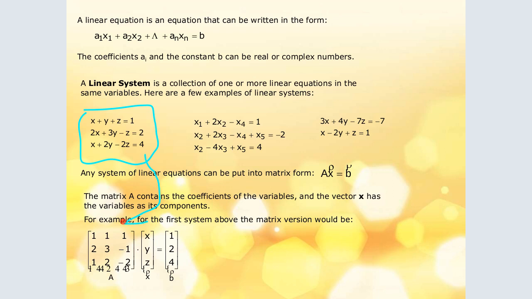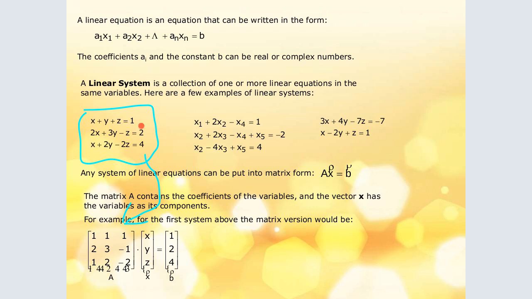These equations can be written in matrix form, to have 1, 1, 1. Looking at this first equation, we don't have a coefficient, so we assume that the coefficient of x is 1, of y is 1, and of z is 1. So that's why this row is indicated 1, 1, 1.